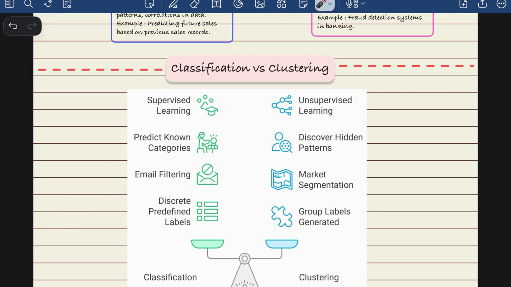So the labels are already decided, right? The three labels are already decided. The professor's job is to simply read the traits of any new student walking through the door and sort them into the predefined buckets. So they are already predefined three departments and we are just sorting them into them, right?